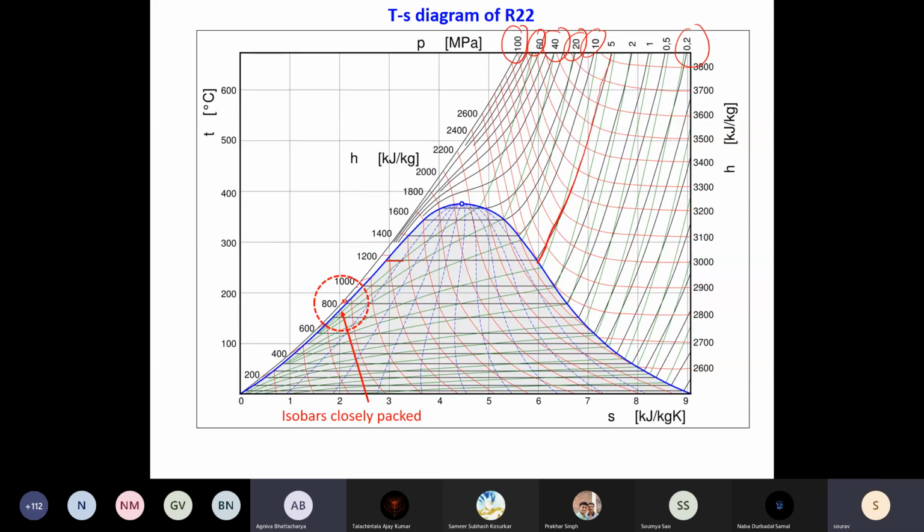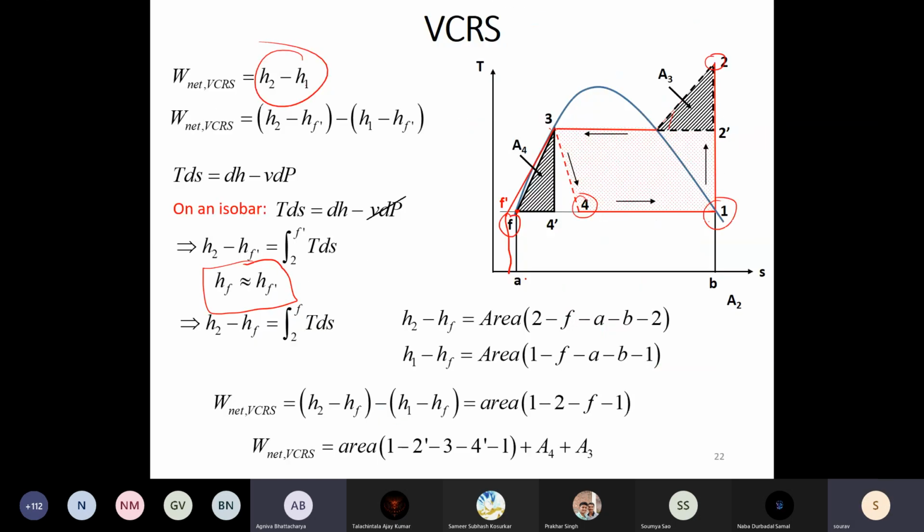Okay, so all these isobars are bunched up together, and this is because of the incompressibility of the fluids in the liquid region. In the liquid region, all the pressure lines are very, very close to each other, whereas they are far apart in case of the vapor side. And hence on the left hand side, I can make this approximation.